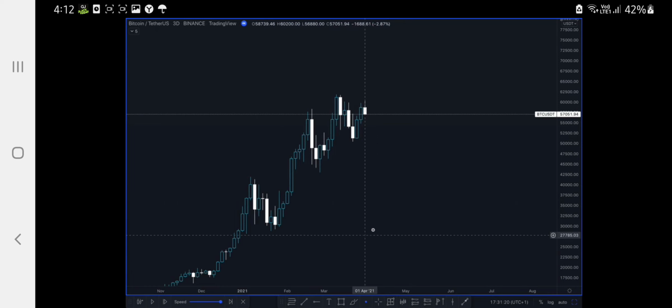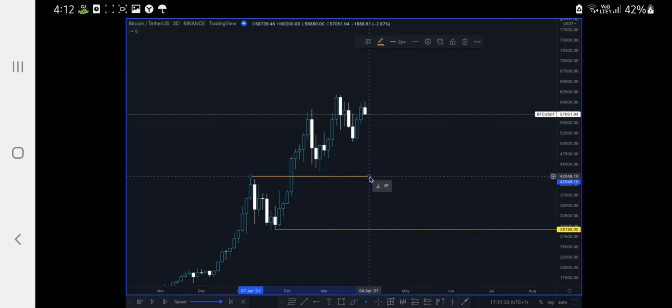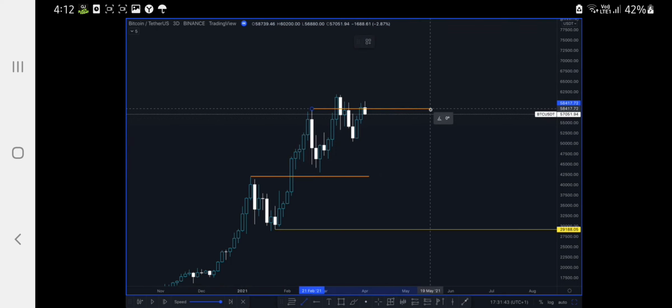And if you're looking at it, essentially what you're seeing is the structure hasn't broken here, okay? Because you got your low, which led to the break of all these highs. Right, then you set another low here, which led to this break here. All right, so there was the high, and the low was here.